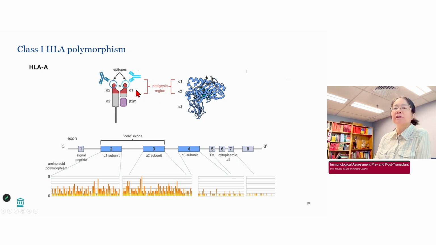This is the region that can elicit a response. If an antibody develops against areas of this region, the antibodies that develop typically are going to be against an epitope in this region. Amongst an antigenic region, there can be multiple epitopes, so you can have a polyclonal response to one particular molecule.